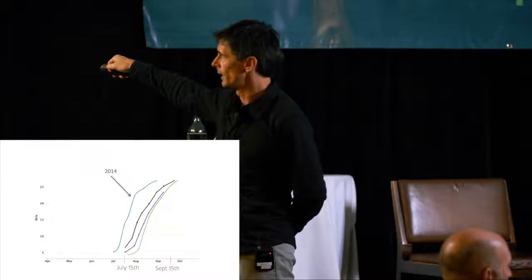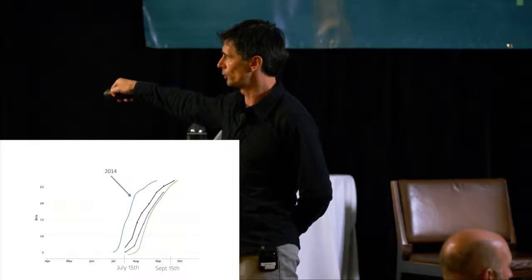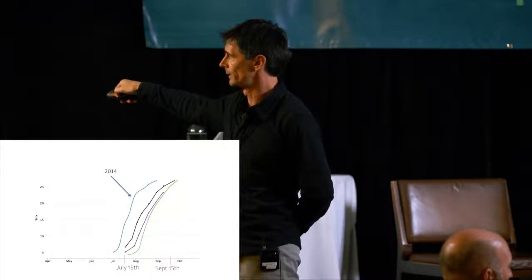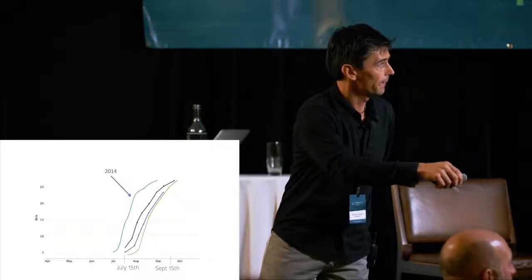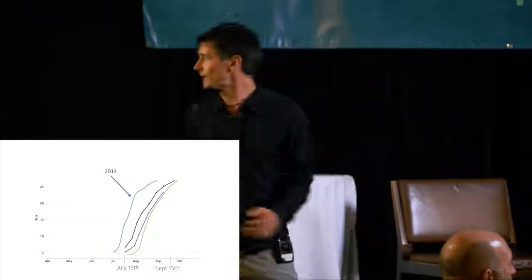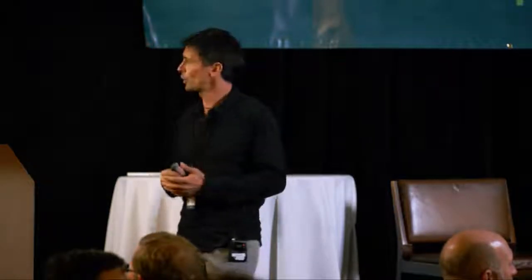Look at here. By August 5th, we had reached 23.5 Brix, when by August 5th here, we were below 10 Brix. You see? So that means that 2014 was very distinguished from its earlier onset of sugar accumulation.